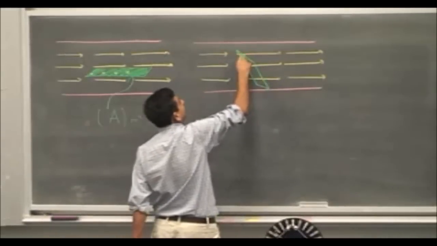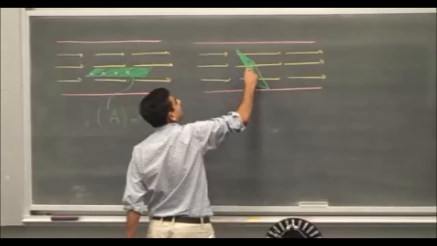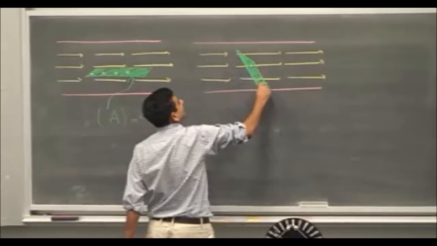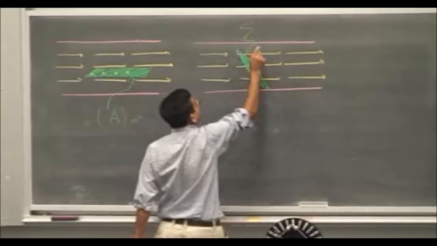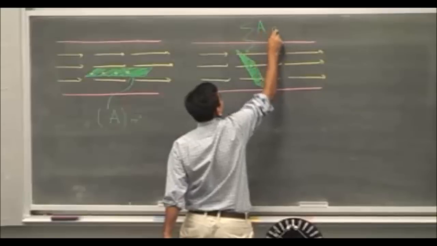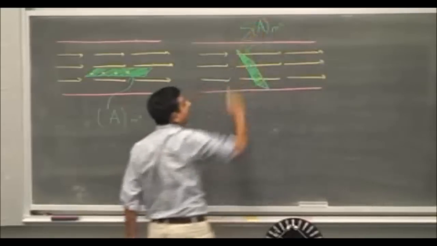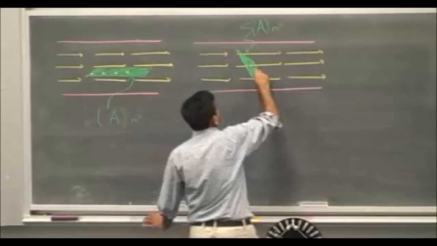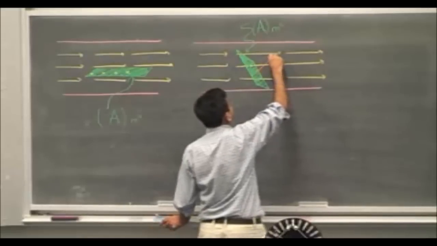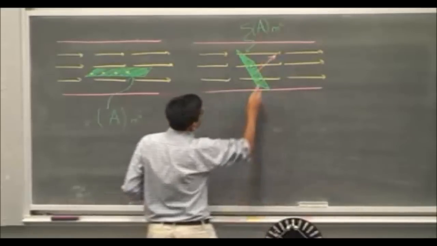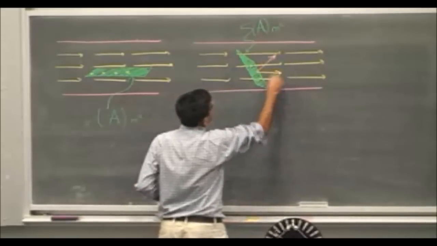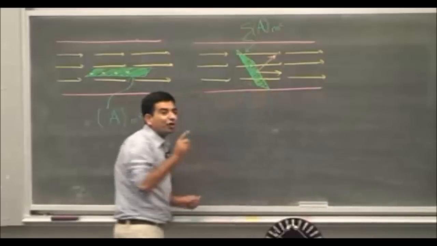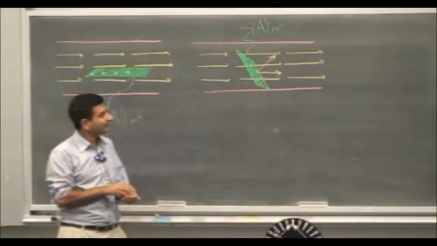It's the same area, A meter square, but now it's at an angle. And this angle, suppose, is between the velocity vector field and a normal to the surface.